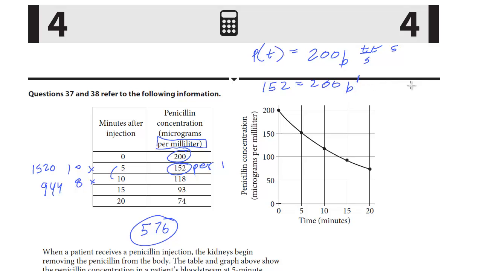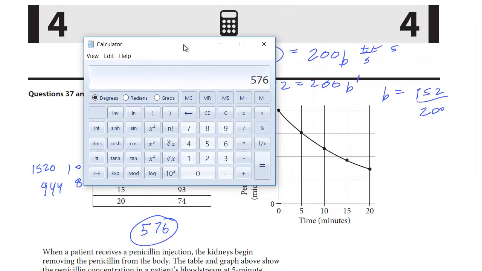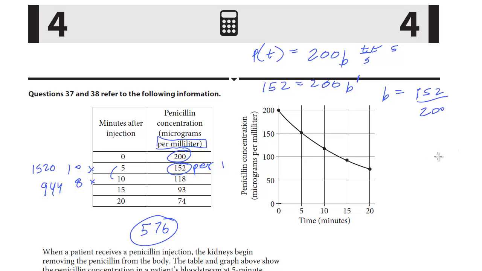B. And so all we have to do here now is just solve, and we can get B. We're going to take 152 and divide it by 200. That's how we solve it. And so let's just check that. So we now get 152 divided by 200. This will give us B equals 0.76.